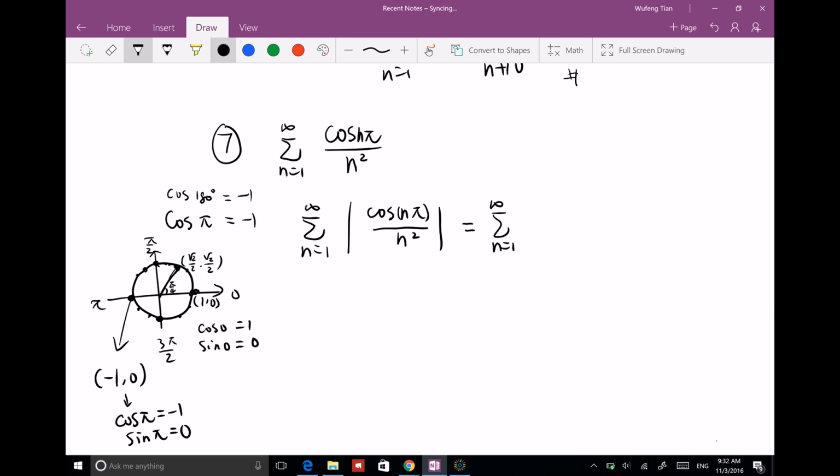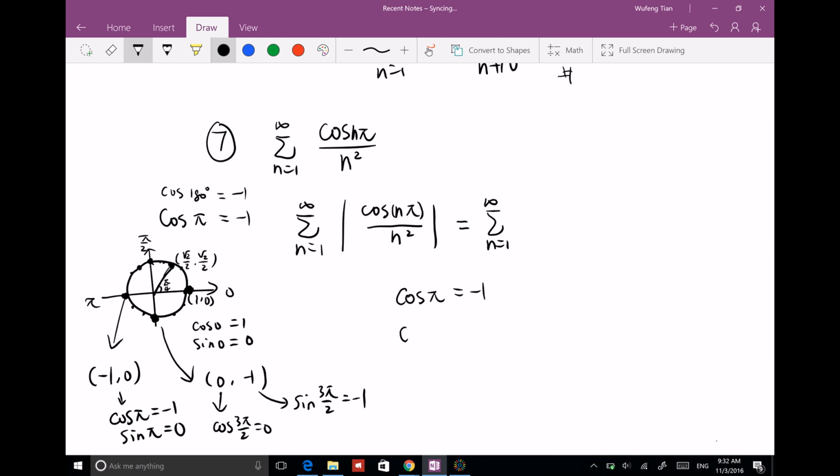That makes sense, right? And this point has coordinates (0, 1). This point has cosine 3 pi over 2 equals 0 and sine 3 pi over 2 equals -1. This is how you memorize the special angles. So now I got cosine pi equals -1.